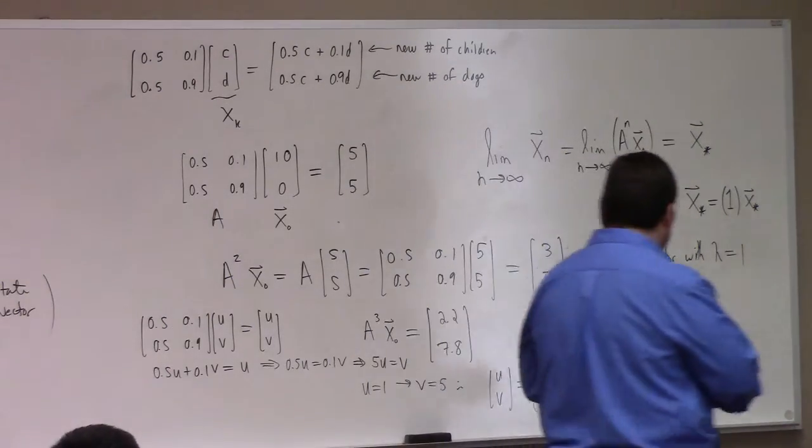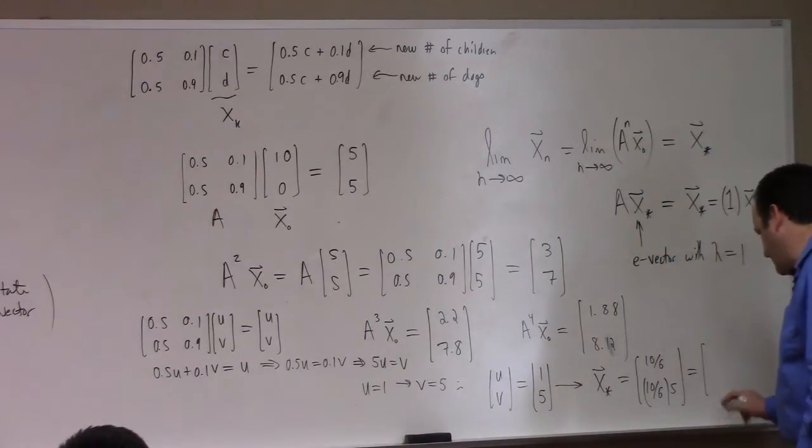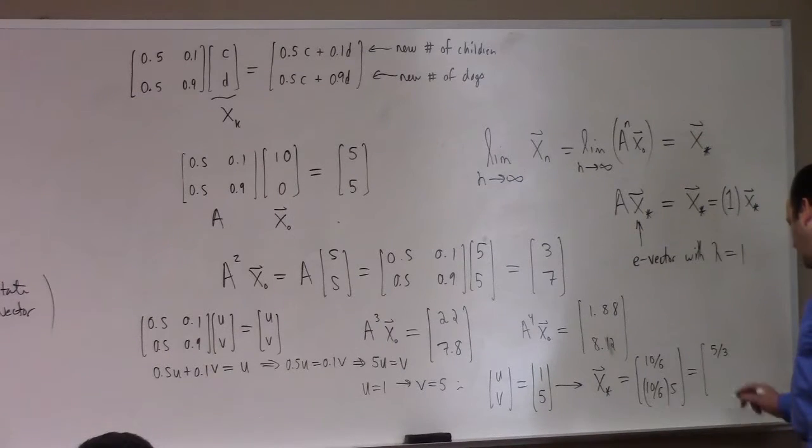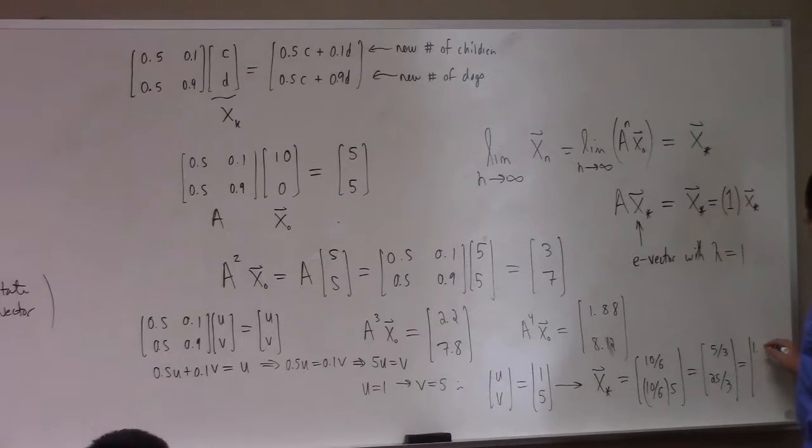I can't do math. 5/3? Yeah. And 25/3? Yeah, okay. In terms of a decimal, that's about 1.6666 and so forth, and 8.3333333.